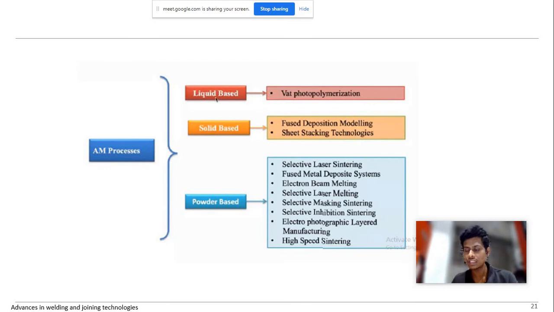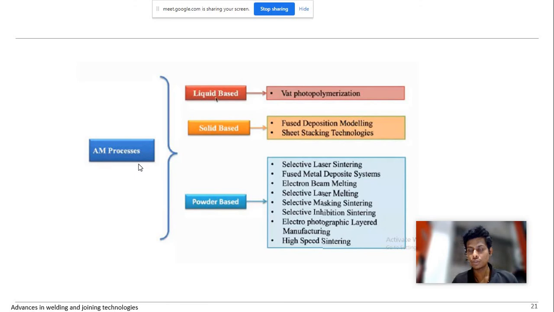Based on the slices, we generate the tool path. Once it is generated, we deposit the component. Basically, additive manufacturing has no part specific tooling, which is one of the advantages.